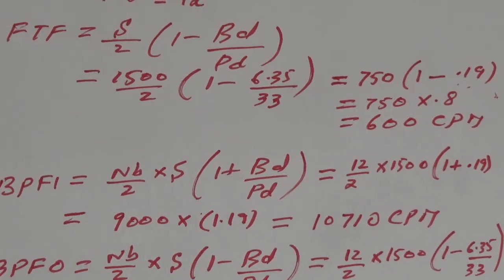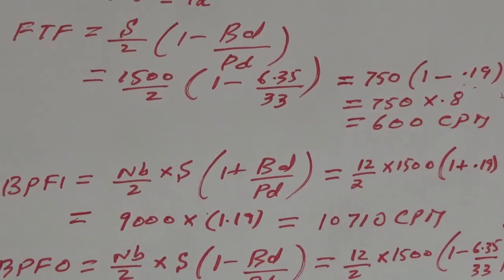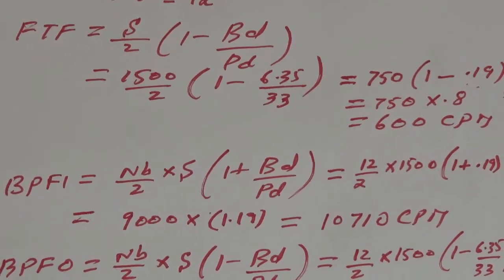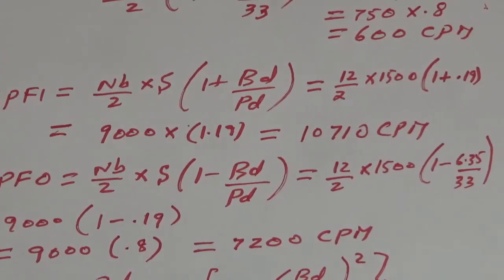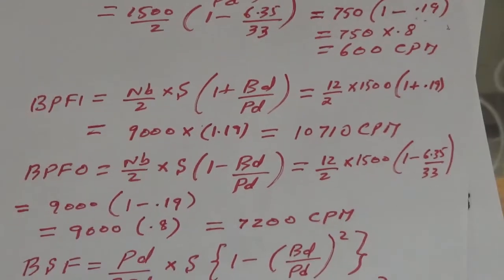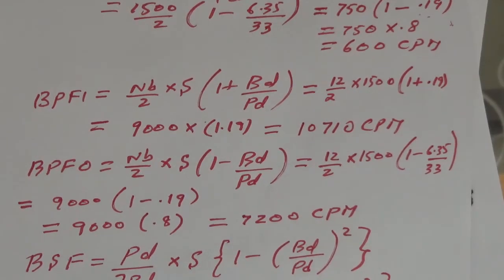Now you can see here how ball pass frequency inner race has been calculated. You can see here clearly. I have made it a little bigger. So this is how you can calculate ball pass frequency inner race, and this one is how you can calculate ball pass frequency outer race, and that is 7200 cycles per minute.